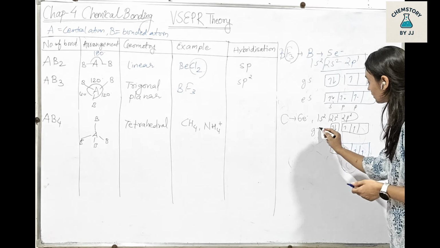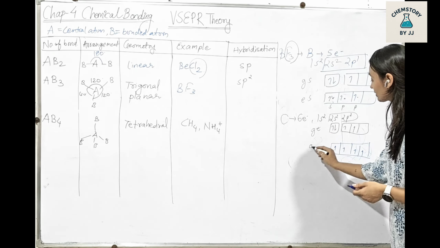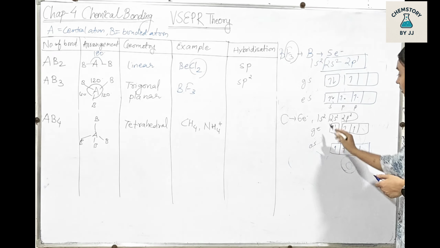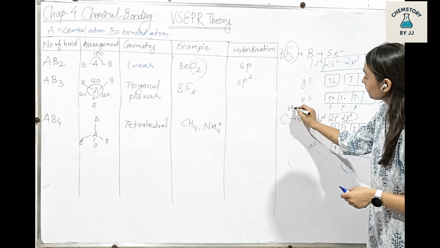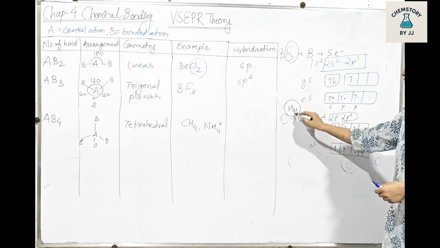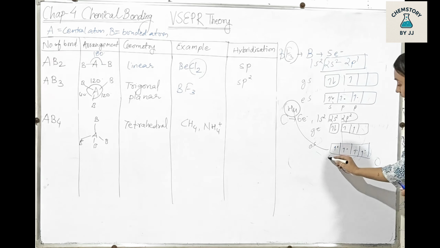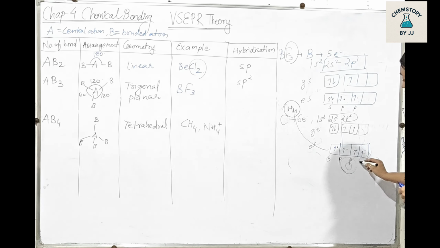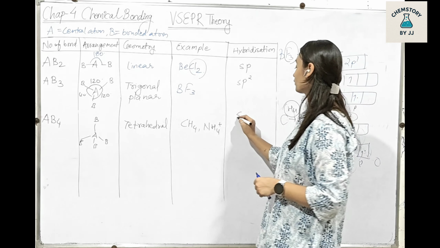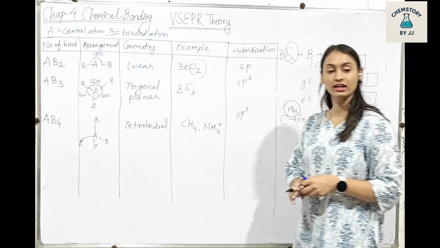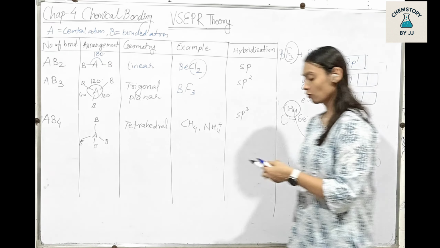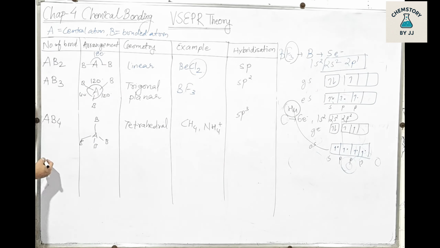In the ground state, the possibility is this, and then the excited state. So it's going to form bonds with 4 hydrogens, 1, 2, 3, and 4, right? 1 s and 3 p are getting involved. We are going to write sp3, right? It is the hydrogen.